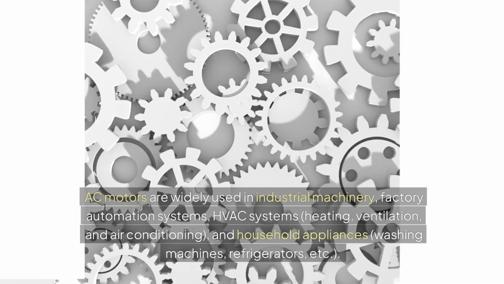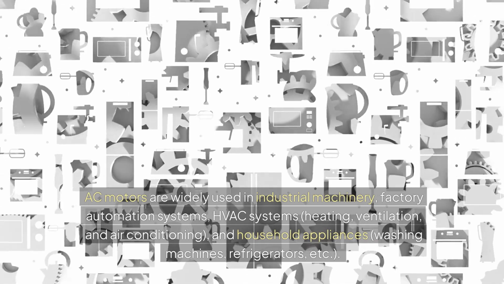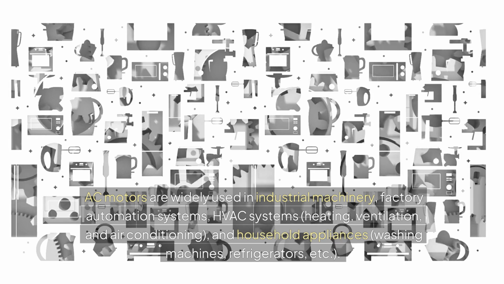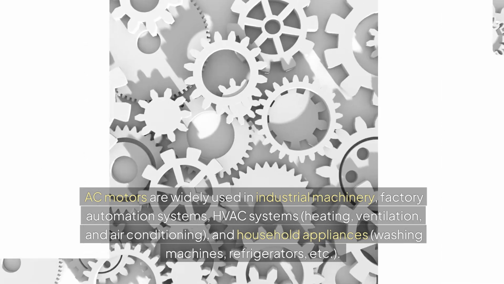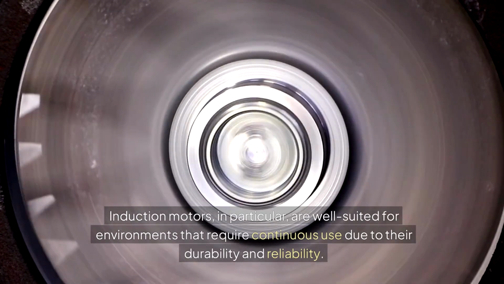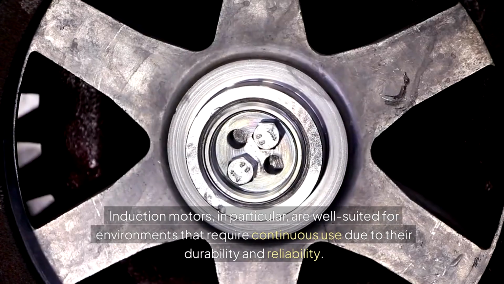AC motors are widely used in industrial machinery, factory automation systems, HVAC systems, heating, ventilation, and air conditioning, and household appliances, washing machines, refrigerators, etc. Induction motors, in particular, are well suited for environments that require continuous use due to their durability and reliability.